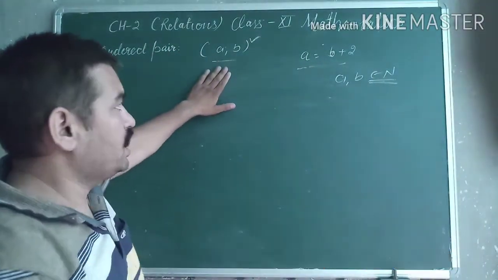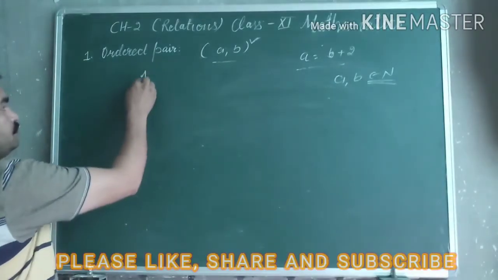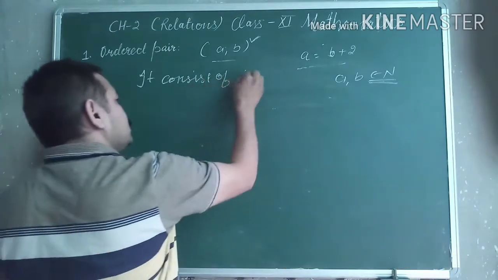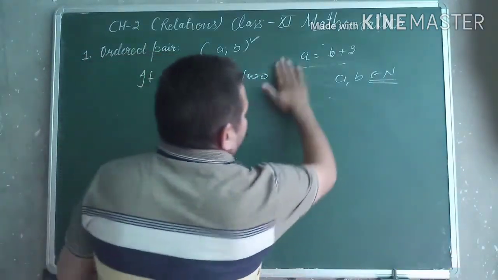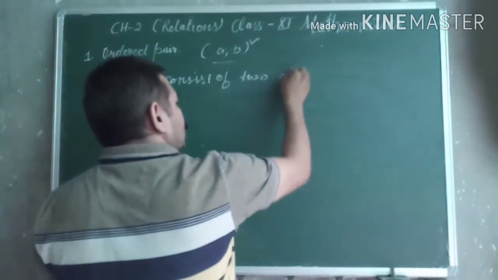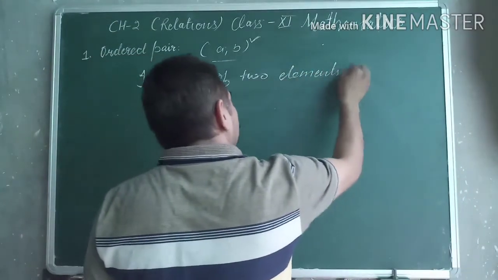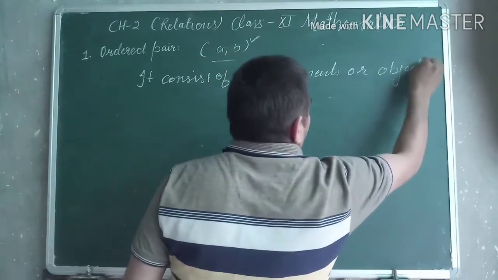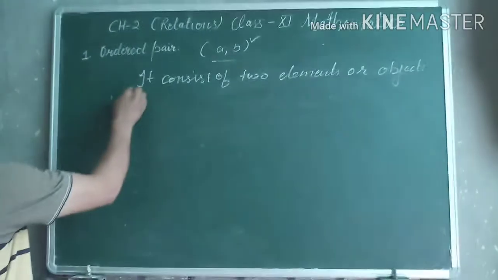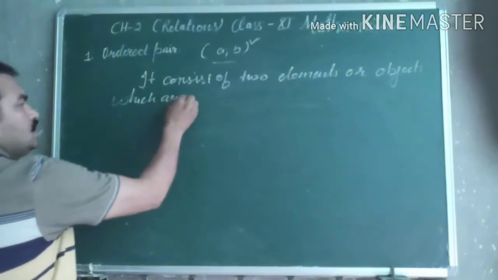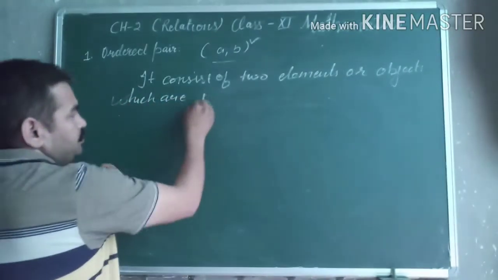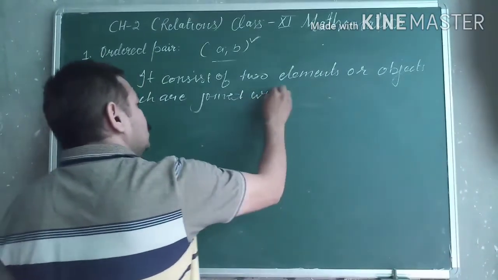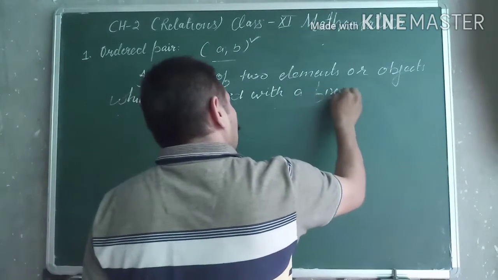Ordered pair means what? It consists of two elements or two objects which are joined with a fixed order, with a fixed rule.